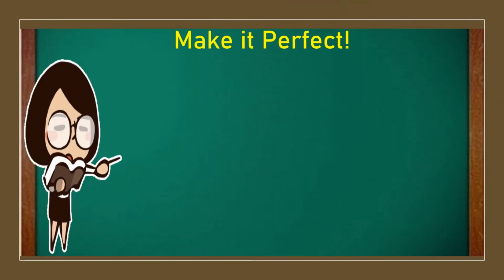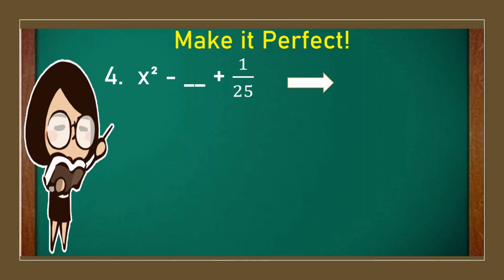Okay, we are now in number 4. Our given: x squared minus blank plus 1 over 25. Yes, the missing is the middle term. What must be in the middle term? So, we'll get now the last term. Our last term is 1 over 25. And, let us get the root.